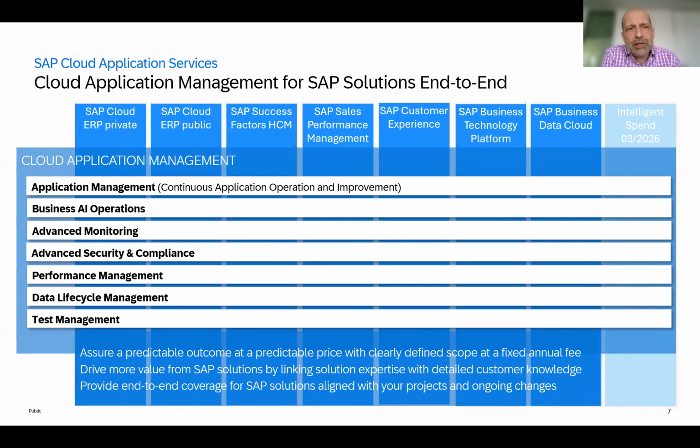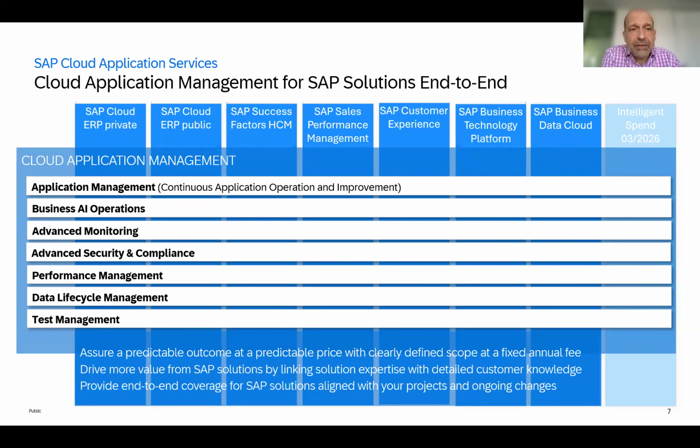And then, of course, we also support in packages like the advanced monitoring. That means on top of the monitoring of, for example, the enterprise cloud services, we also offer monitoring of business KPIs, and we also provide AI-supported aggregated reports, which you can utilize to see how your business KPI performance is.